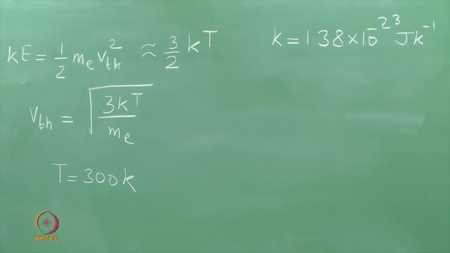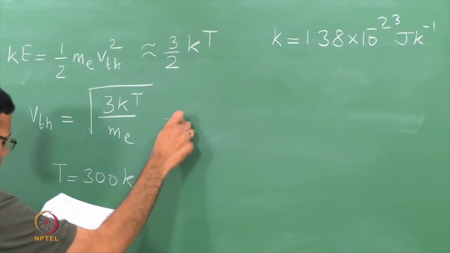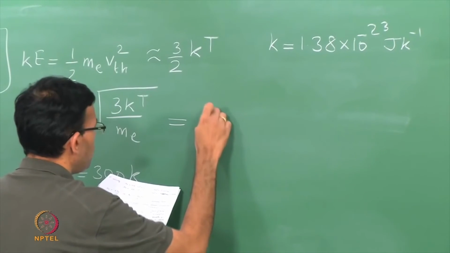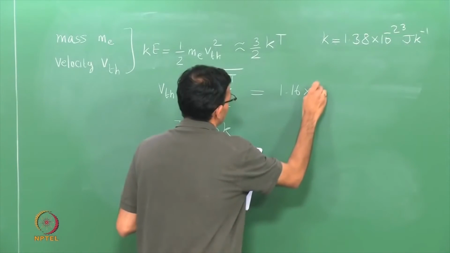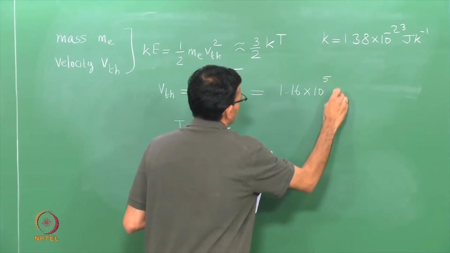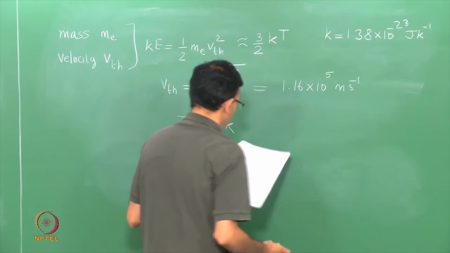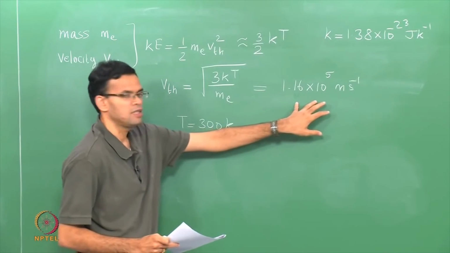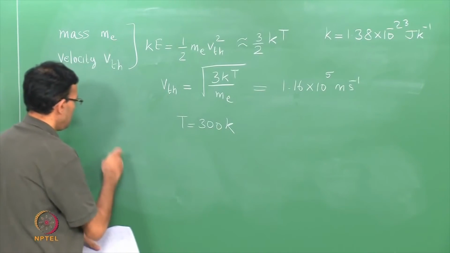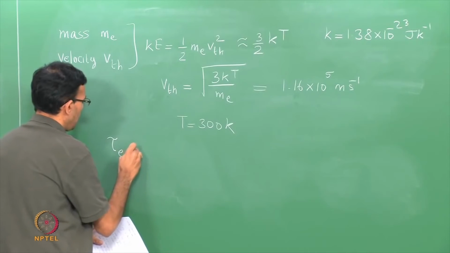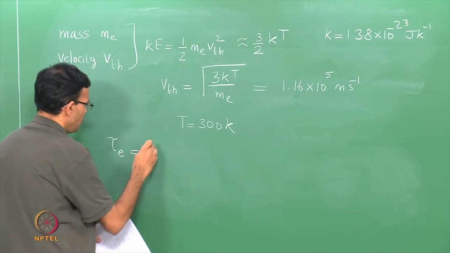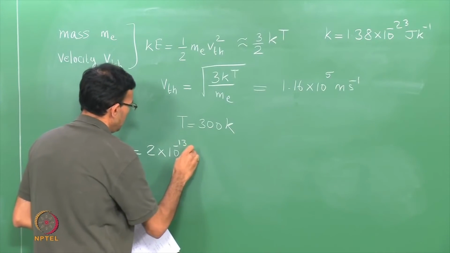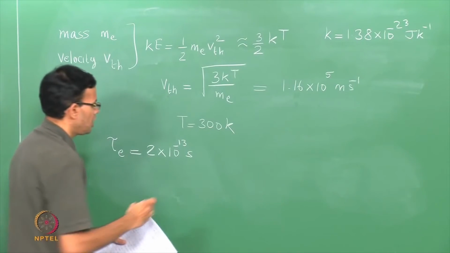If you do this, V thermal works out to be 1.16 times 10 to the 5 meters per second. So, we calculated V thermal to be around 1 times 10 to the 5 meters per second. Earlier we saw that the time between two scattering events was 2 times 10 to the minus 13 seconds, or 0.2 picoseconds.